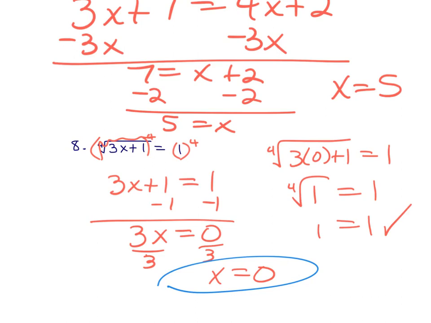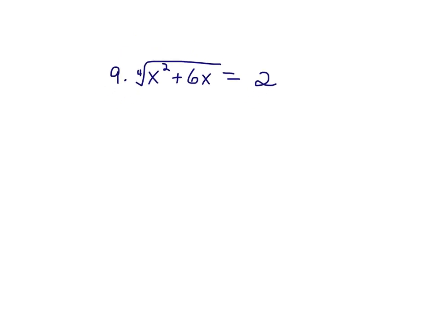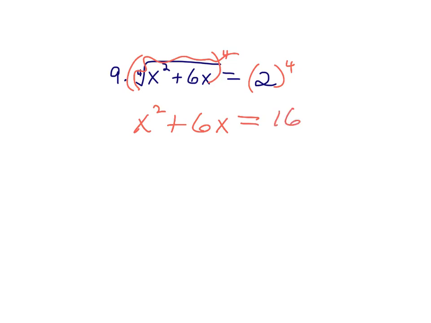Next one is going to be the same thing. I need to get rid of that radical, so I'm going to raise both sides to the 4th power. So 4th power here, 4th power here. That cancels that. I'm left with x squared plus 6x. 2 to the 4th power is 16.